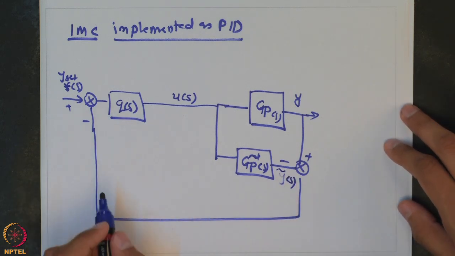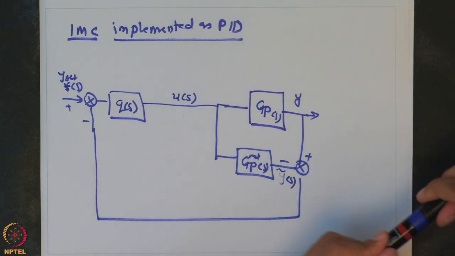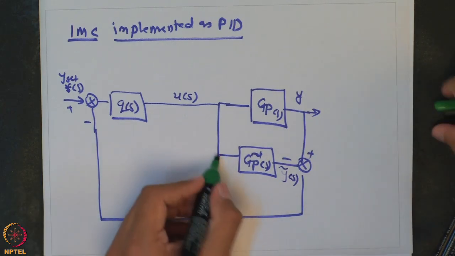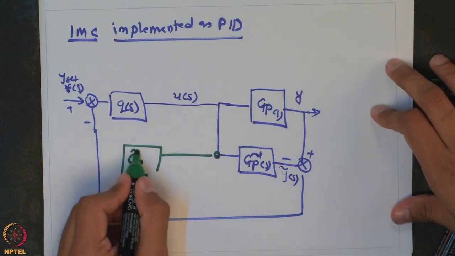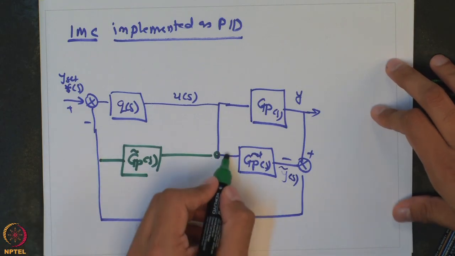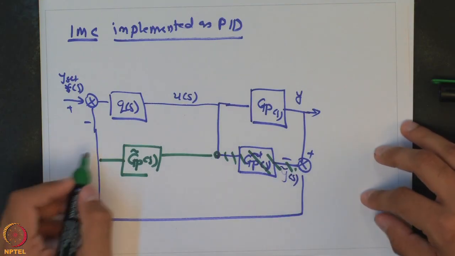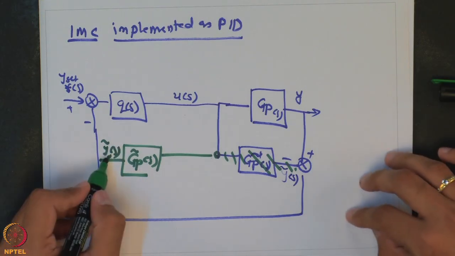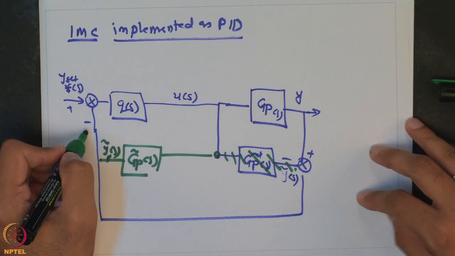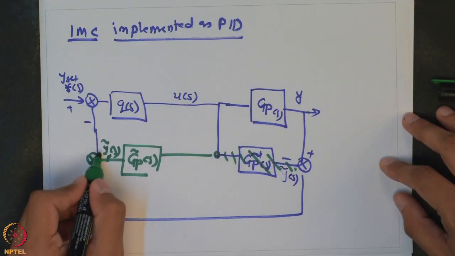So, we can simply rearrange this to be on the other side. Instead of showing it here, I can just show it in this direction, it does not make any difference. Now, what you have is this y tilde s is a subtraction here, so this is plus and this is minus.